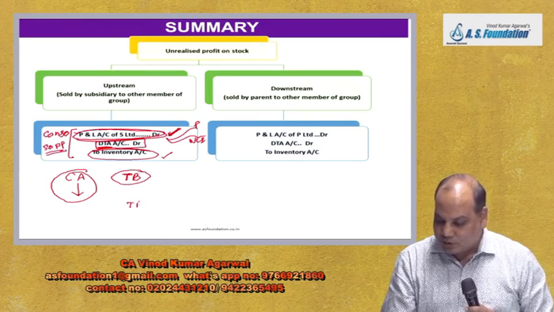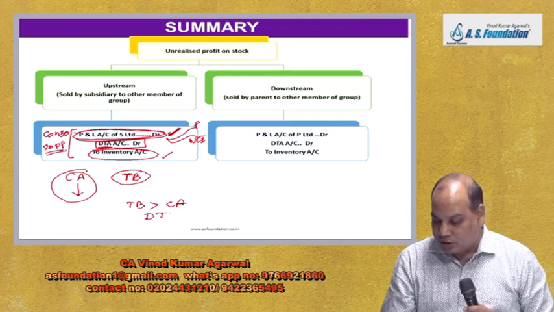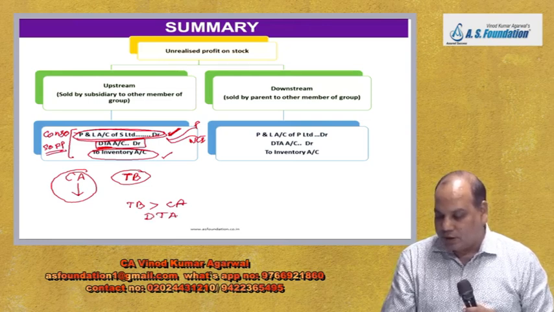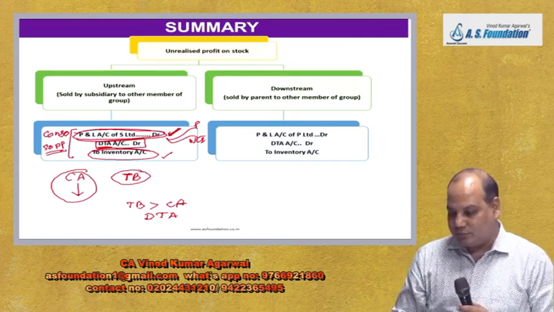So tax base is greater than carrying amount. IAS 12 is applicable. It will give rise to DTA, deferred tax asset, deductible temporary difference, which means DTA.